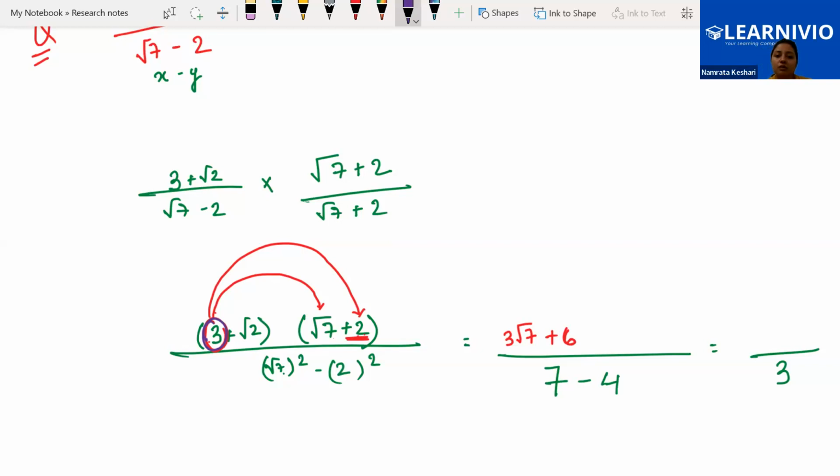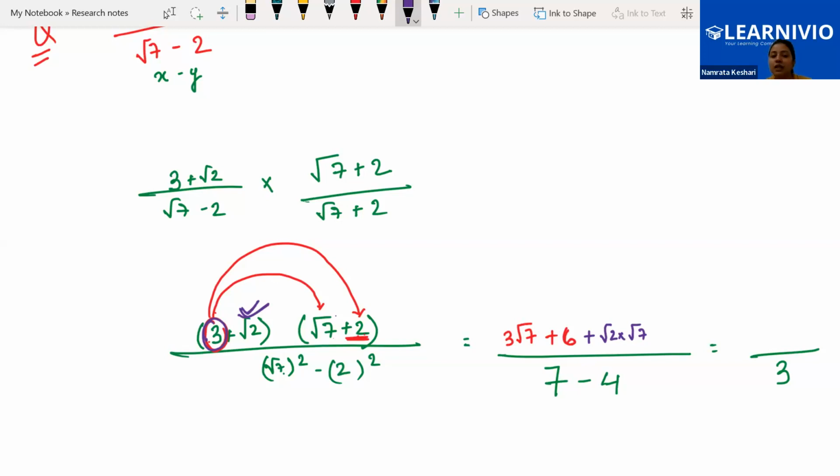Now the work of 3 is done. Now we will pick this plus root 2 and multiply it with root 7. Whenever two square roots are there, both can sit inside one square root sign. We will do that just now.